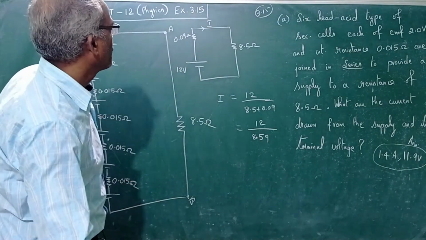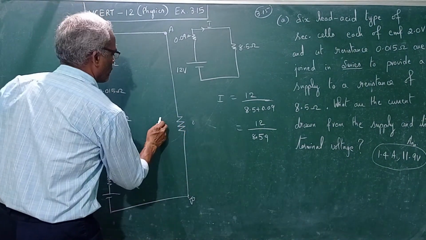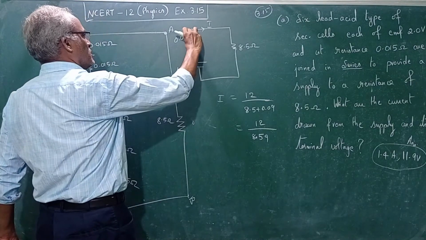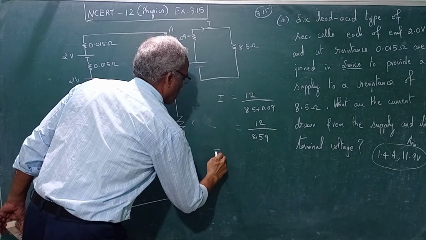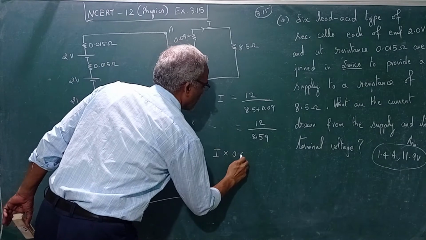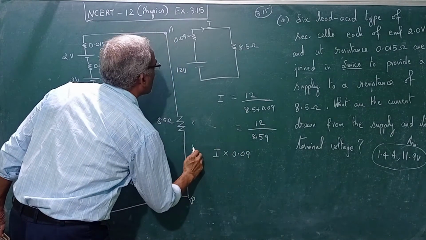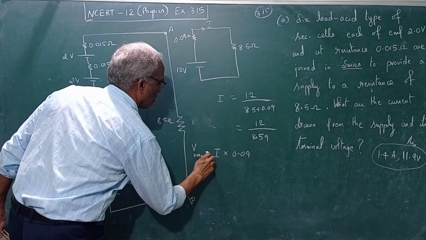Now the voltage drop across this 0.09 is this current multiplied by 0.09.